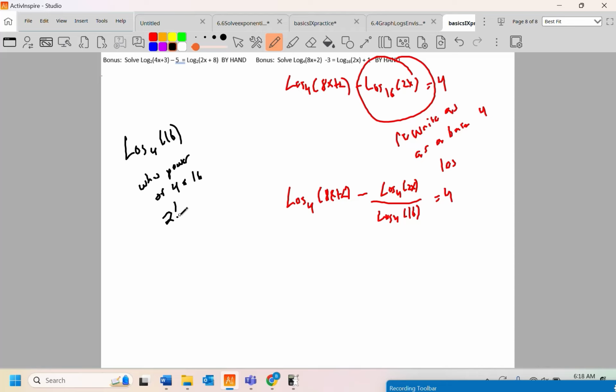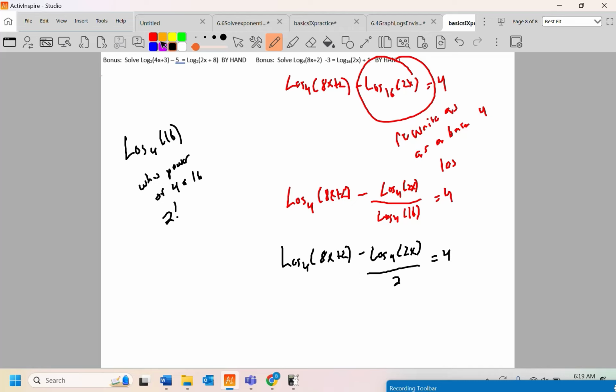The answer is 2, right? So, log base 4 of (8x plus 2) minus log base 4 of 2x, sitting pretty over 2, is 4.